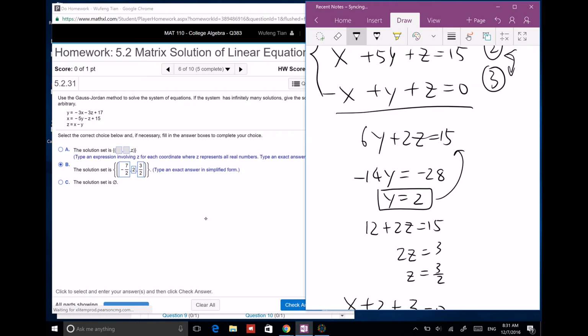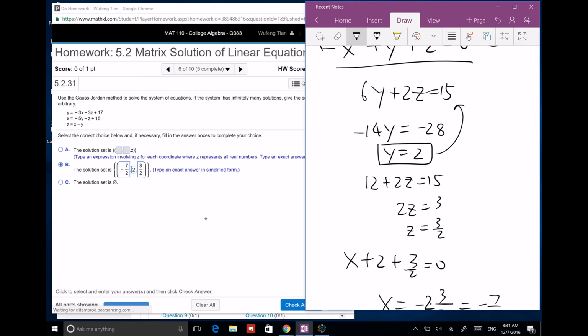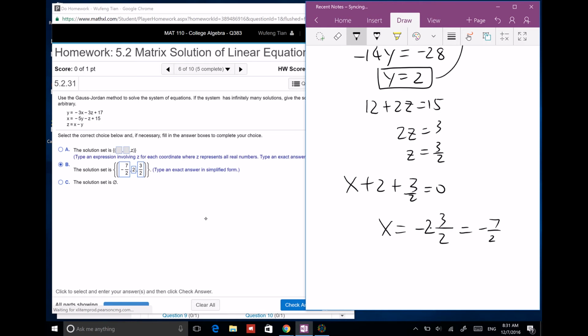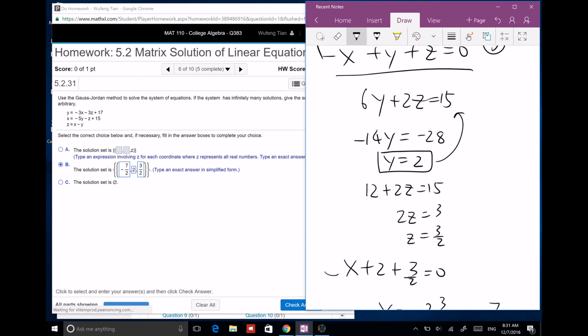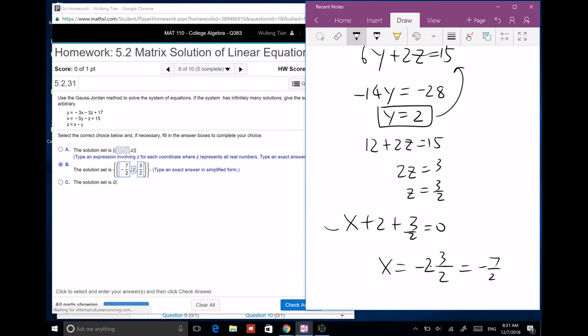Plug into here: 12 plus 2z equals 15. 2z equals positive 3 halves, and plug into x plus 2, negative x, so it's positive 7 over 2, so negative x equals that, so x equals 7 over 2.